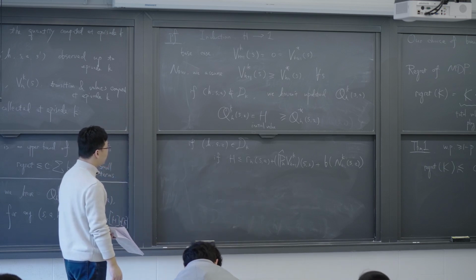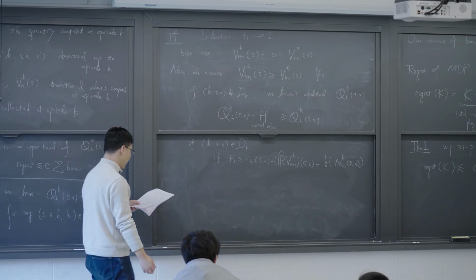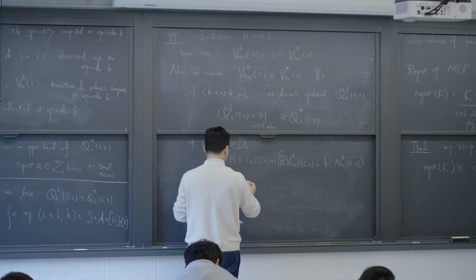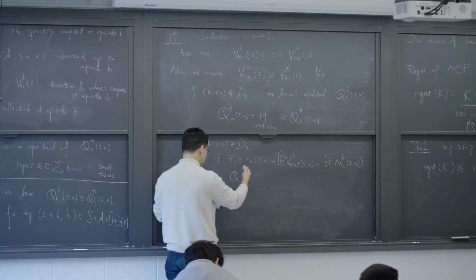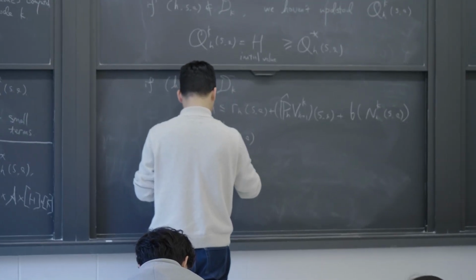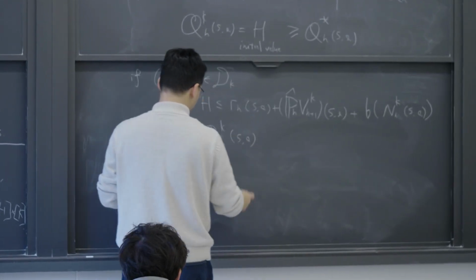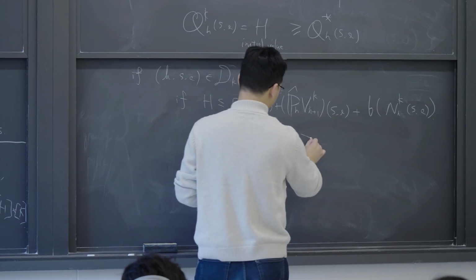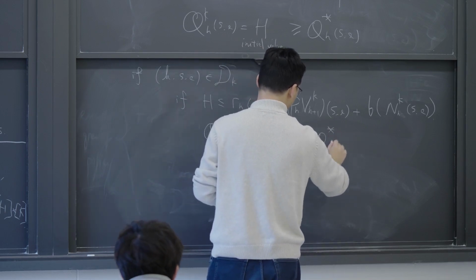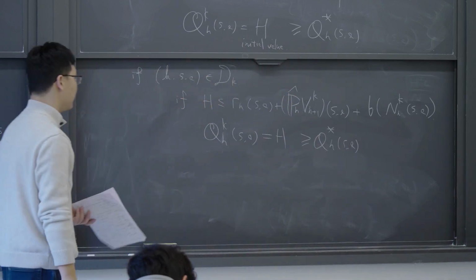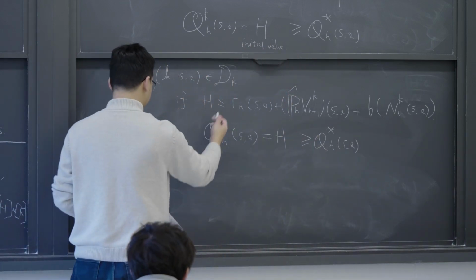In this case, because we're doing the truncation, we know the Q value will be equal to H. Remember in the update, we're taking the minimum of the two. This is equal to H, and it's again greater than Q*_h(s,a). So the only non-trivial case is otherwise, where this is actually smaller than H.